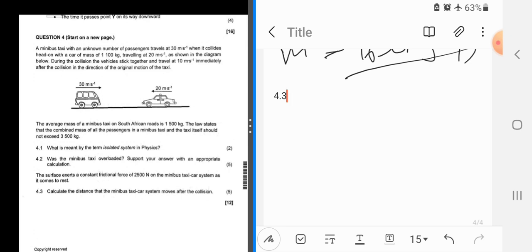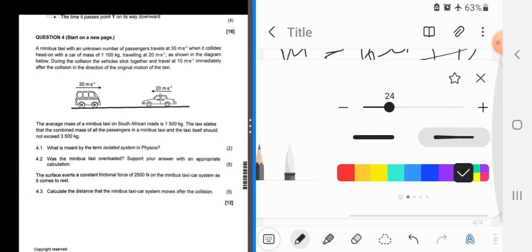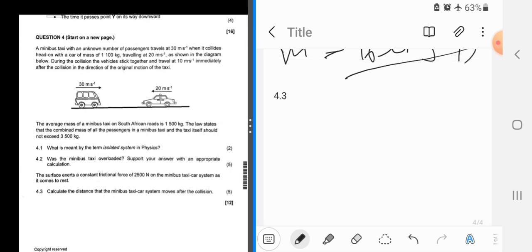So during the collision, the vehicles stick together and travel at 10 meters per second immediately after the collision in the direction of the original motion of the taxi. So I will assume it's because the taxi is bigger. When you are asked to calculate the distance, you're asked to calculate displacement.